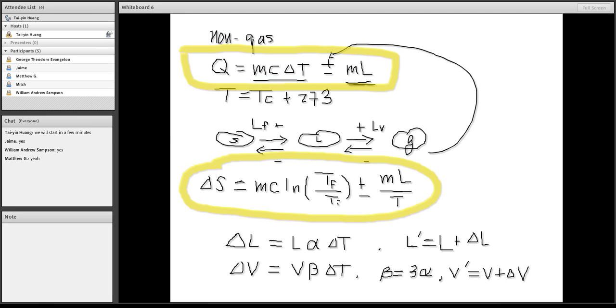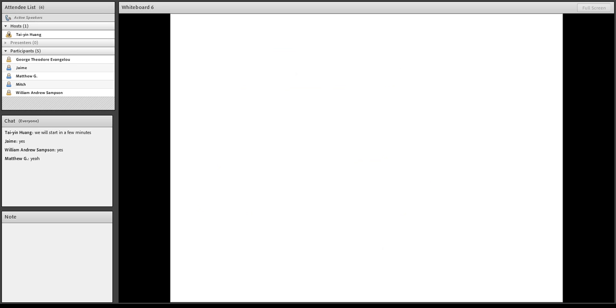Now, when you're dealing with gases, you still follow a similar approach, and you also need to remember the first law of thermodynamics, because we use it a lot when we're dealing with gas.